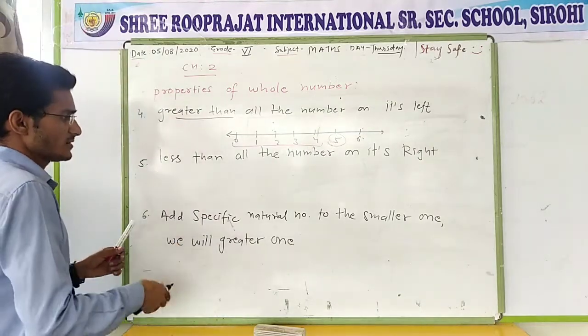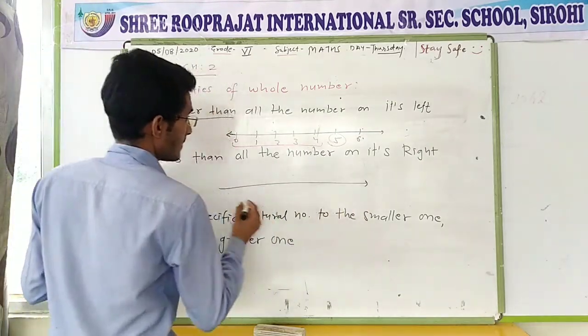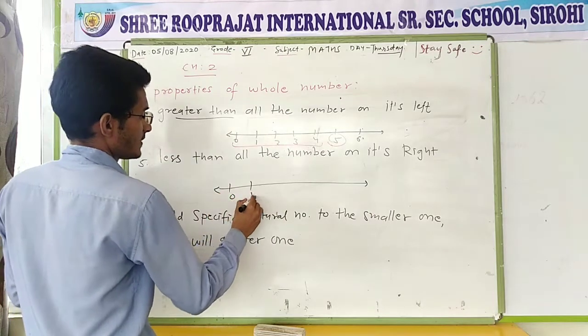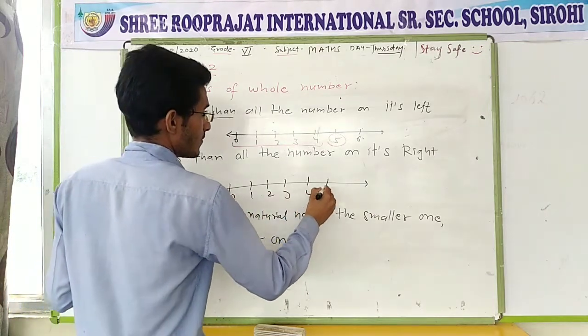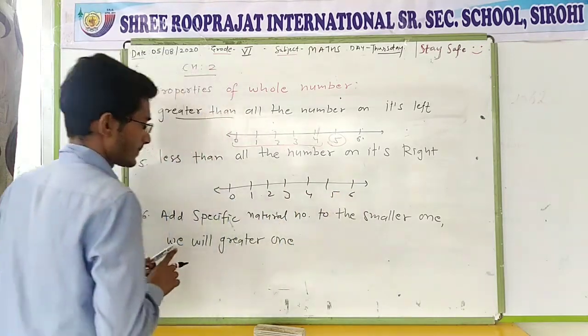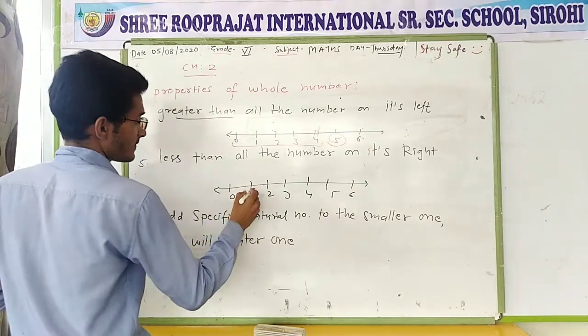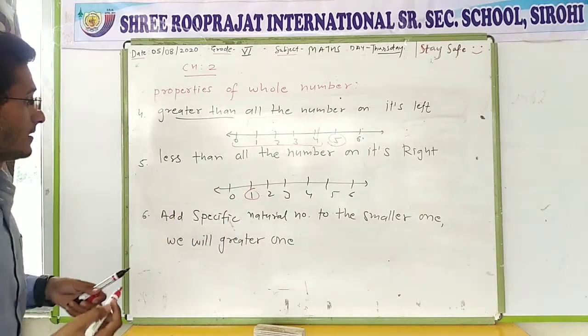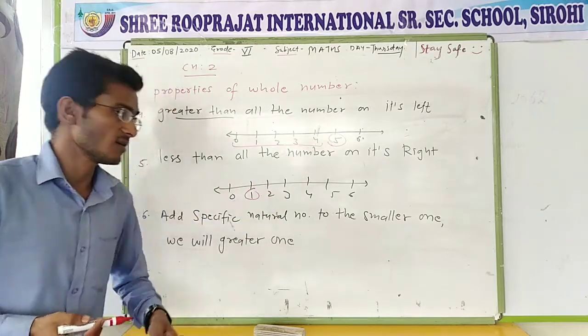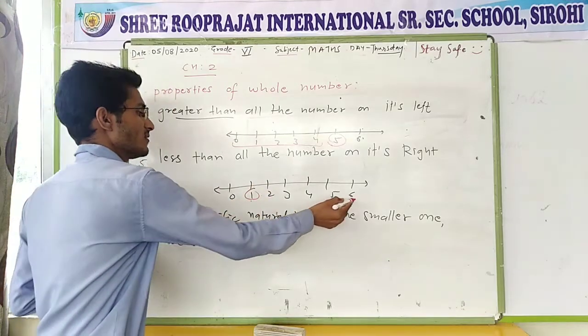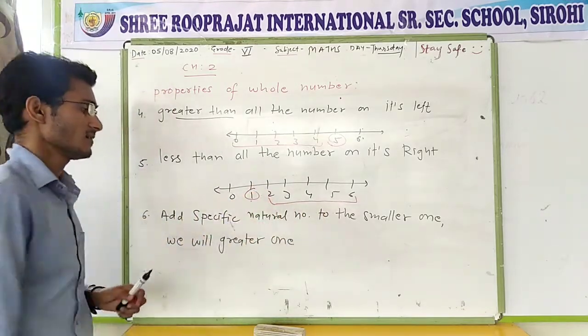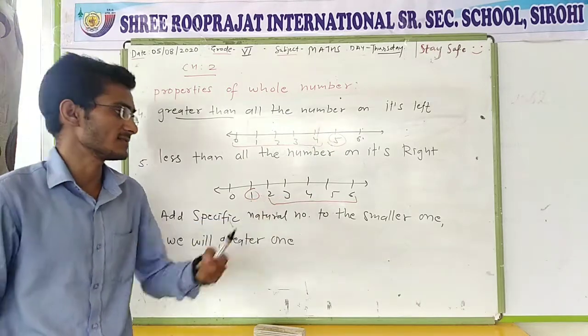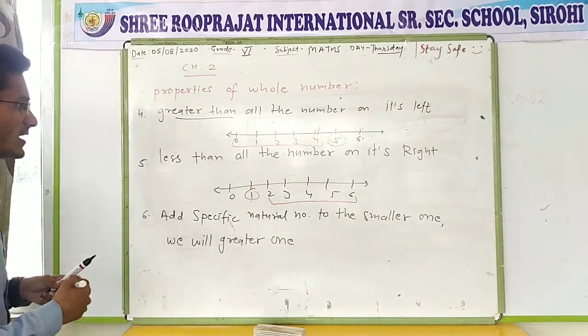And the next thing is just the opposite of this one. We talk about the same 0, 1, 2, 3, 4, 5, 6. Suppose we talk about 1, then it is less than all the numbers on its right. So 1 is less than all the numbers which are on its right, like 2, 3, 4, 5, 6, and so on. Okay.